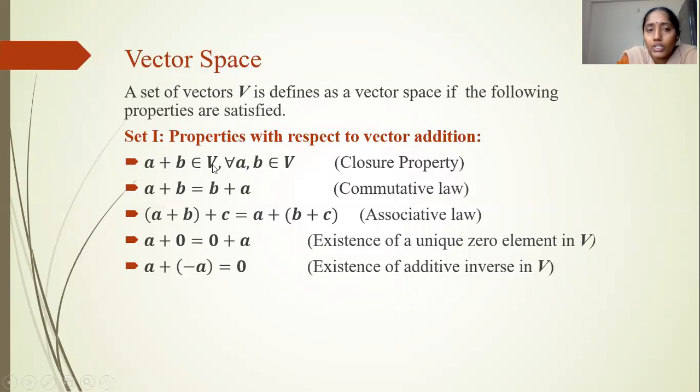If we consider any vectors A, B, the summation of those two vectors is also in V. That is considered the closure property.